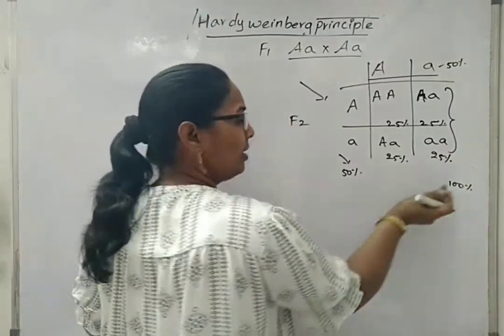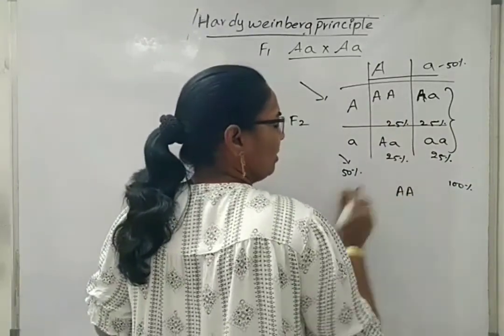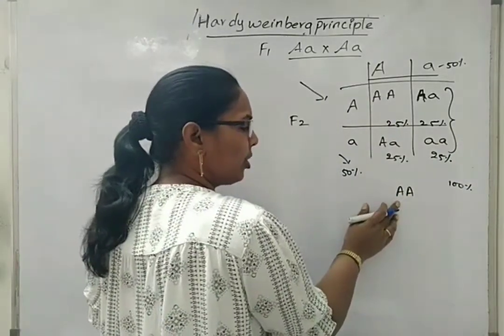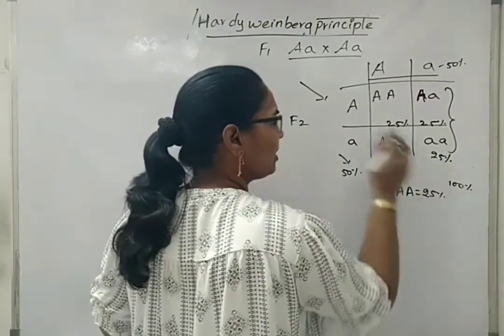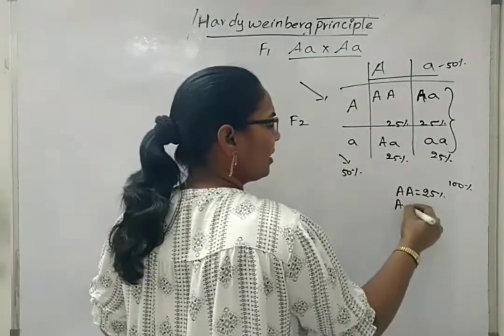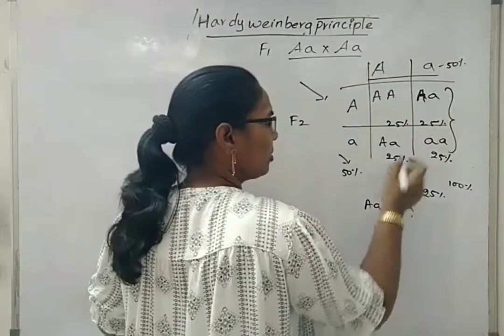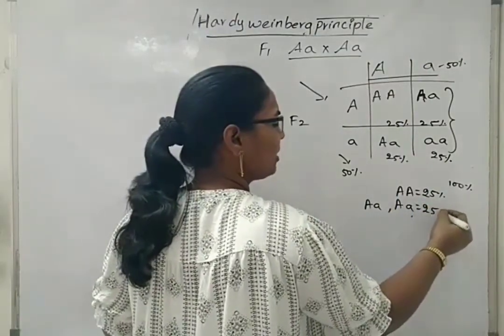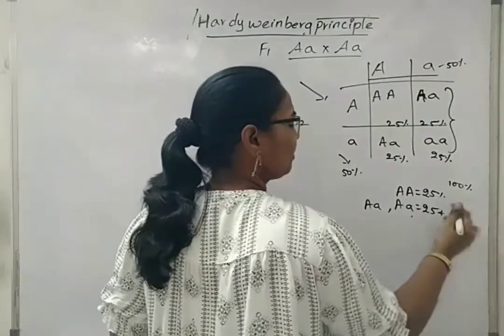But if we divide these 25%, the pure homozygous dominant alleles in the F2 generation are 25% of the offspring. Then what about heterozygous? These are 25 plus 25, that is 50% allele frequency.